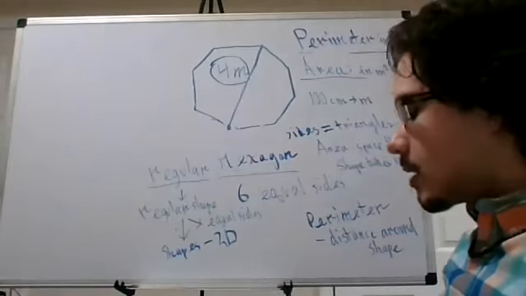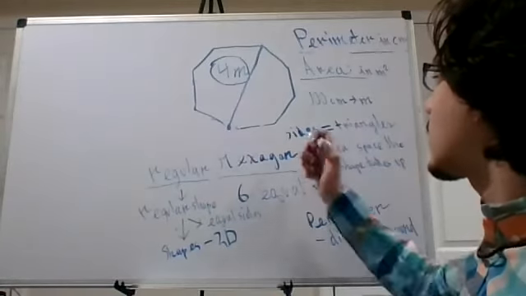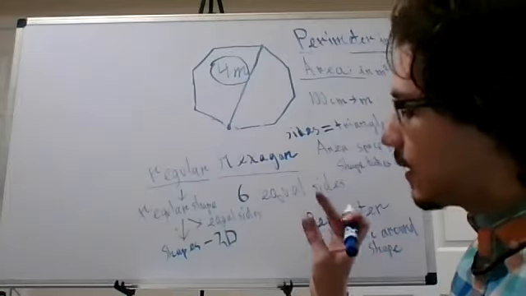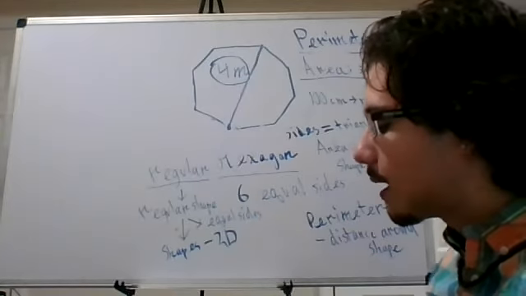So with a regular shape that has a certain number of sides, you can fit that many triangles into it. And that's what we found out earlier.